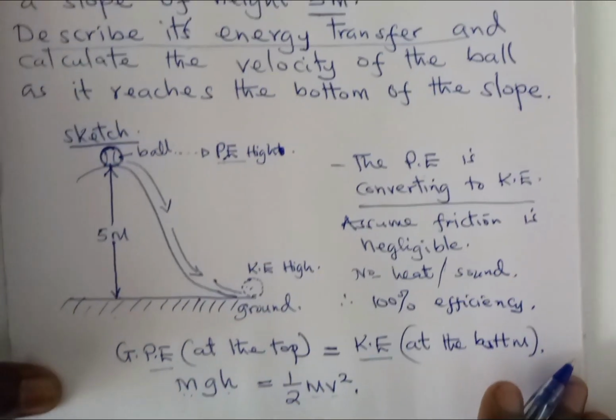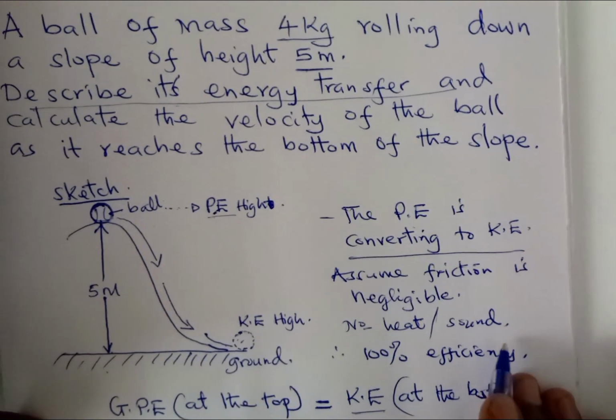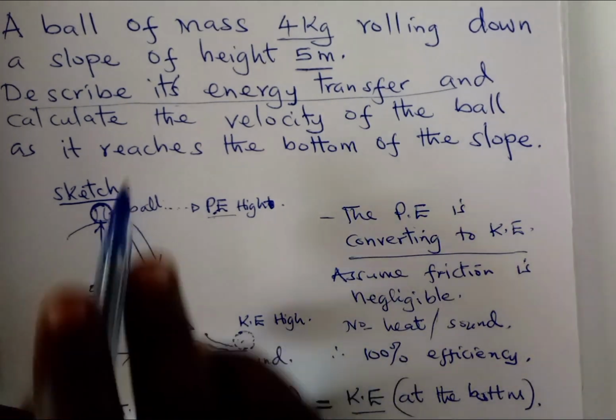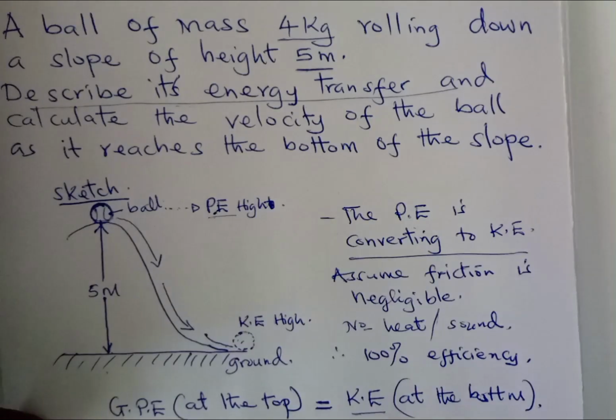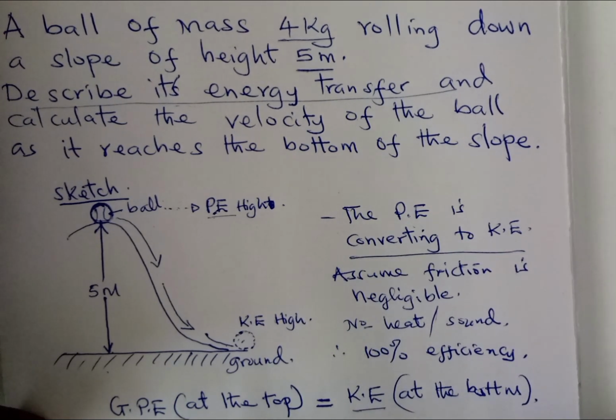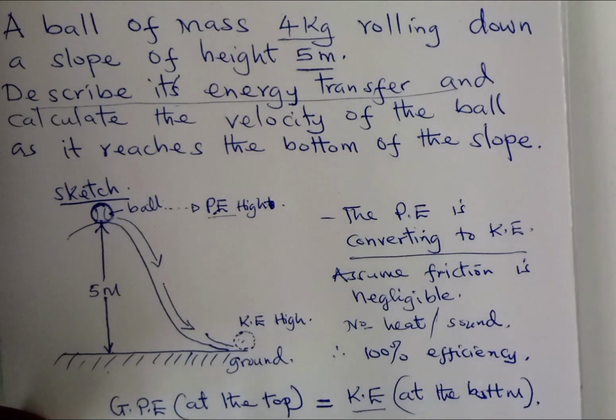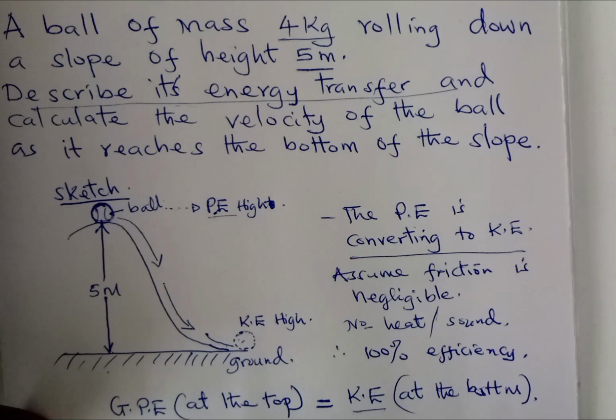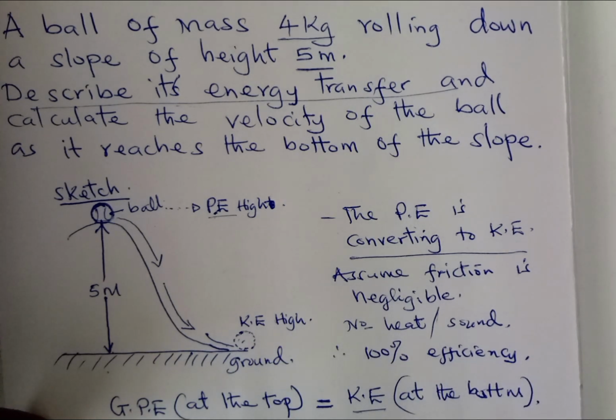Now, what have we been provided with? We've been given the mass as 4 kg, so m is equal to 4 kg. We have g, which is normally 10 Newton per kilogram, or you can use 9.8.